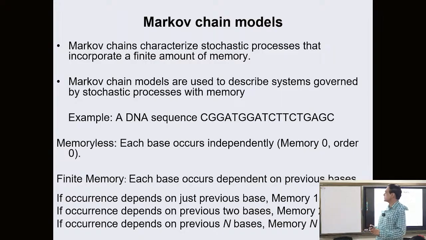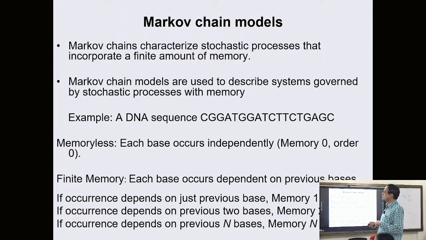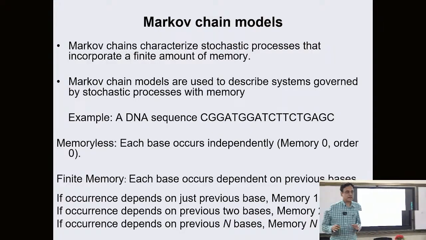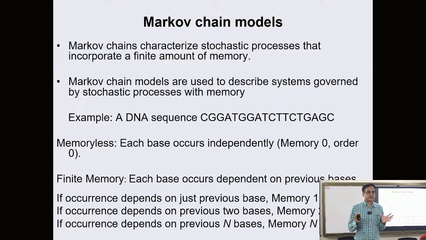So let's look at what a Markov chain is, as mentioned on the slide. Markov chains characterize stochastic processes. Stochastic means random processes, random processes that incorporate a finite amount of memory. So it's not completely random. It is not memoryless.